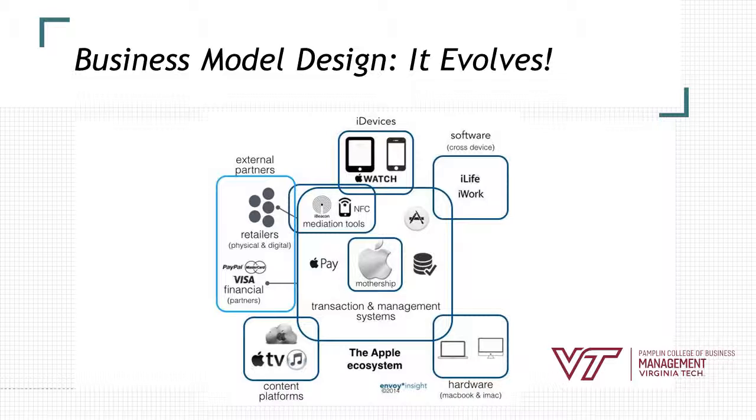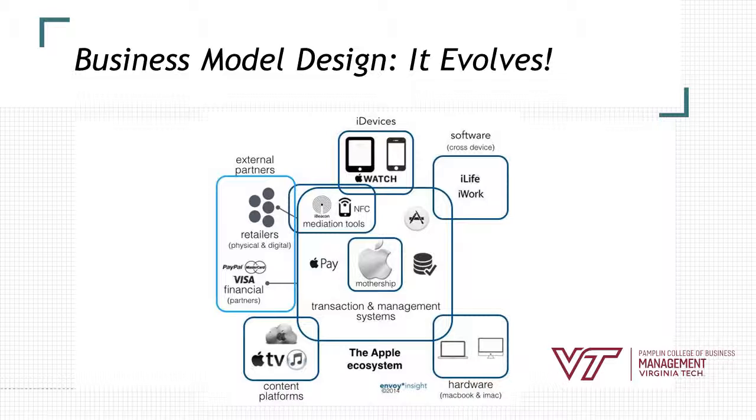And so, this particular slide just kind of shows the different types of ecosystems and the different elements of the Apple ecosystem, if you will. And this notion that Apple got to where they needed to be with no challenges and it was easy, look where they are today, is just a false notion.